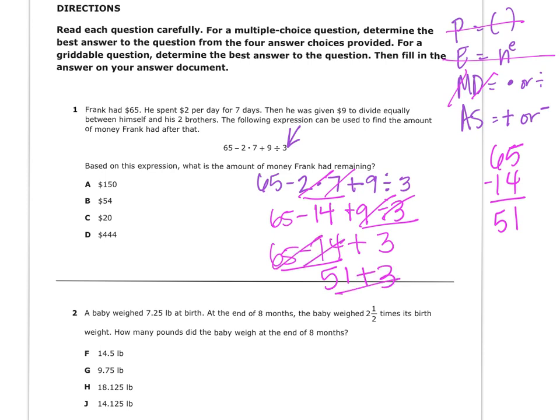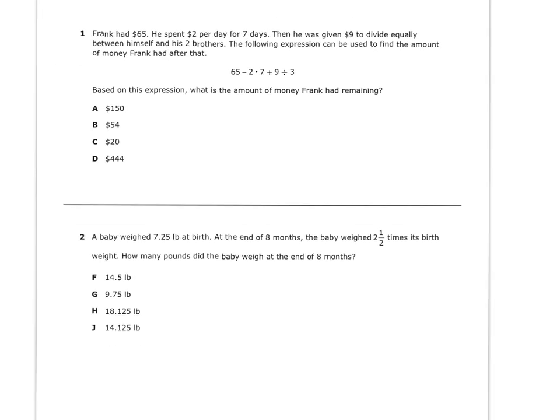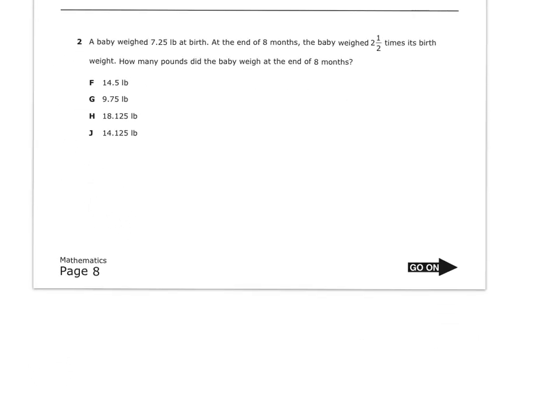What is 51 plus 3? 54. Okay, last year on this question, 86% of the kids got that correct. So that's really not too bad. All right, so let's erase all this and move this up and read question number 2.